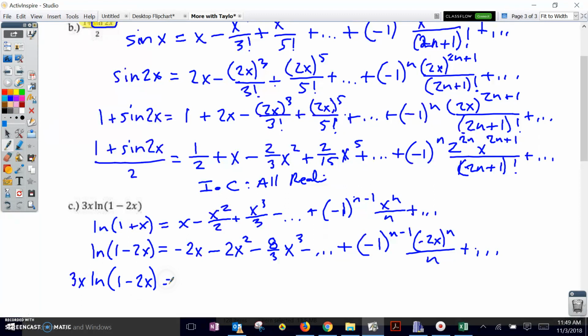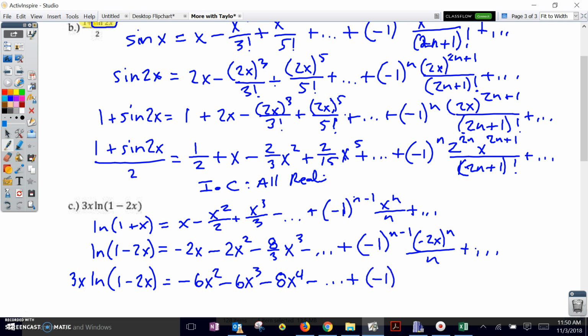Let's keep plowing forward. To get a series then for 3x natural log of the quantity 1 minus 2x, all I'm going to do is multiply all of these terms by 3x. Gives me negative 6x squared minus 6x to the third minus 8x to the fourth, etc., etc. And all these minus signs work out to be just a minus 1.